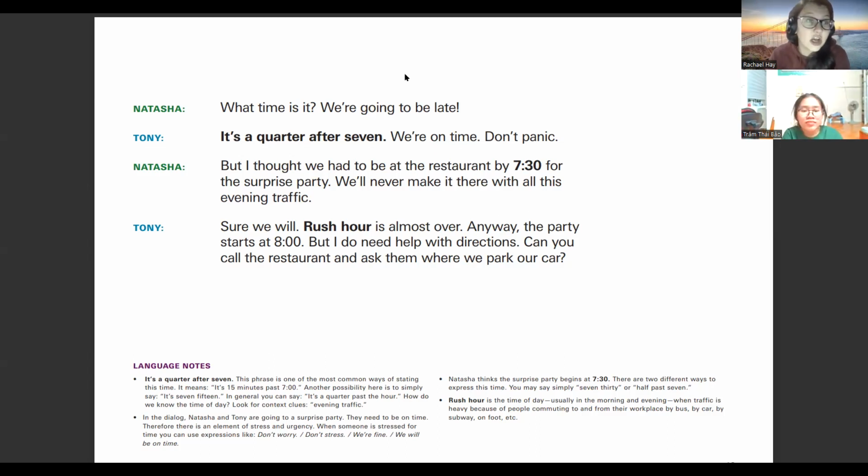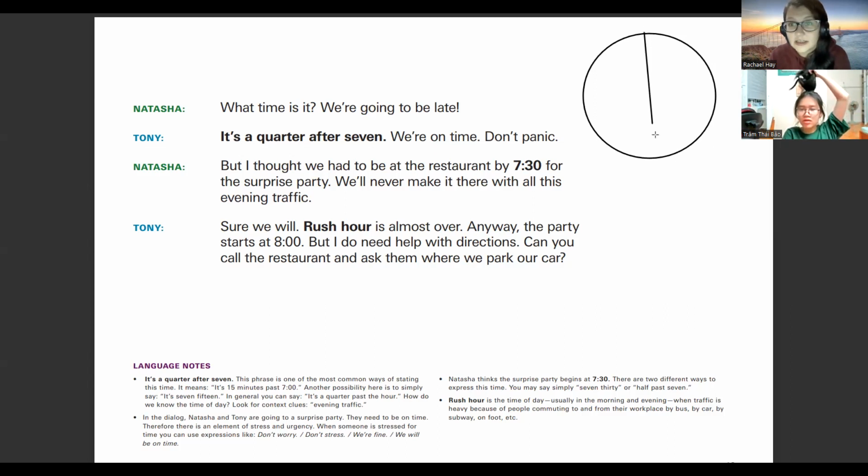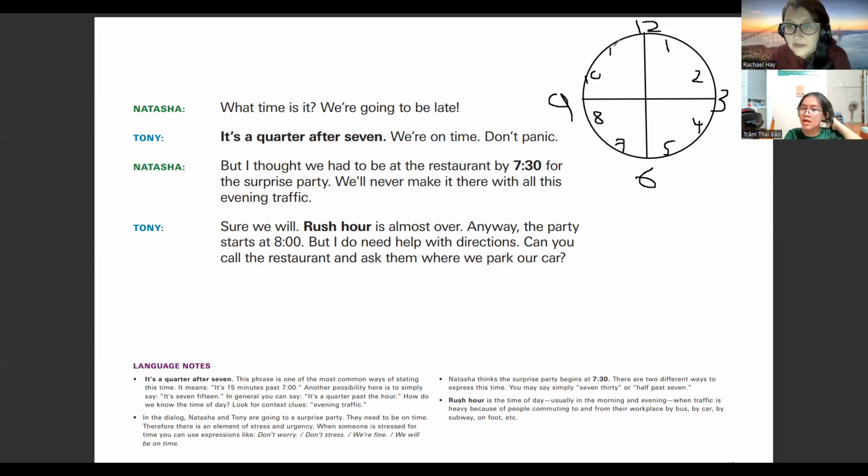Because a clock has got 4 quadrants, so if we look at a clock, it's got 4 quadrants, pieces. So this will be 12, that'll be 3, that'll be 6, and that'll be 9. So when, for example, we got 1 and 2 there, we got 4 and 5 here, we got 7 there, we got 10 and 11 there.